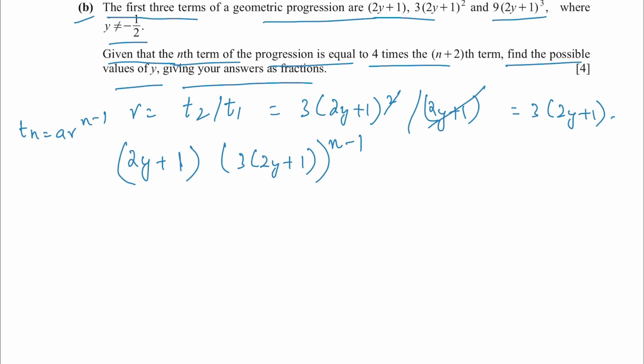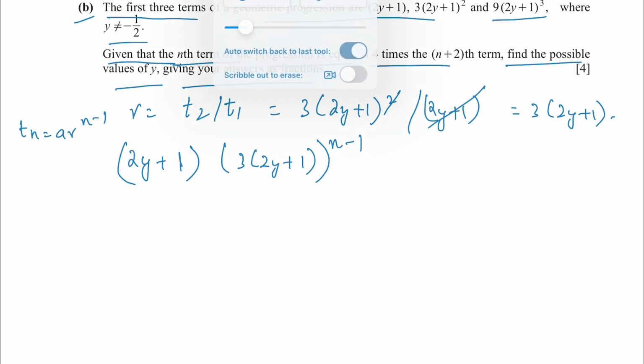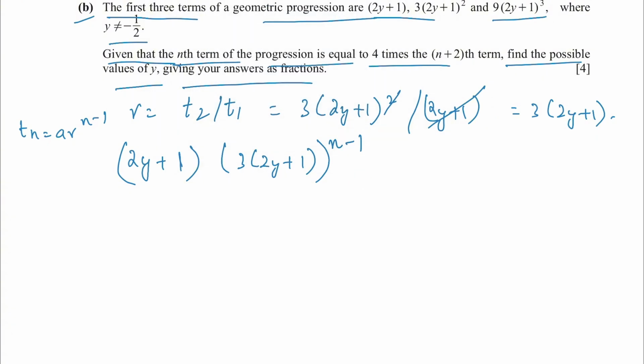And we have this equal to 4 times the (n plus 2)th term, which would be written as 2y plus 1, 3 (2y plus 1) powered n plus 2 minus 1, that is n plus 1.